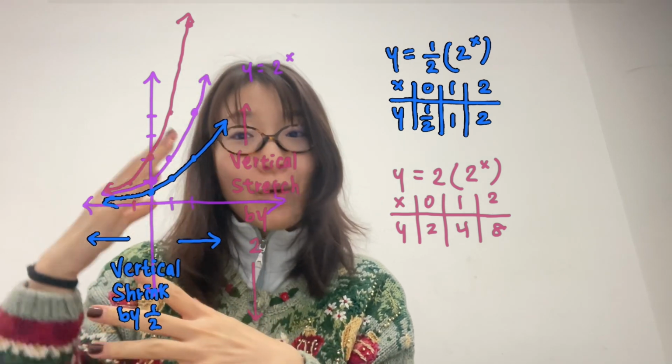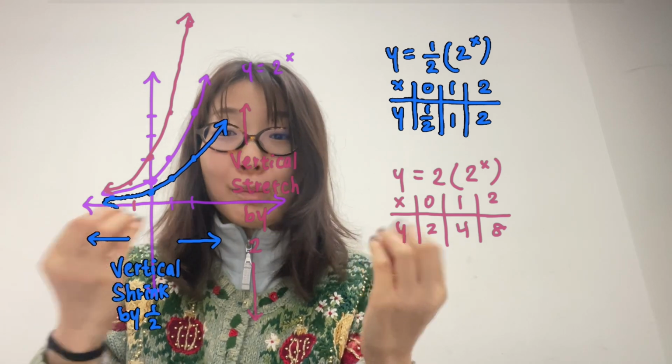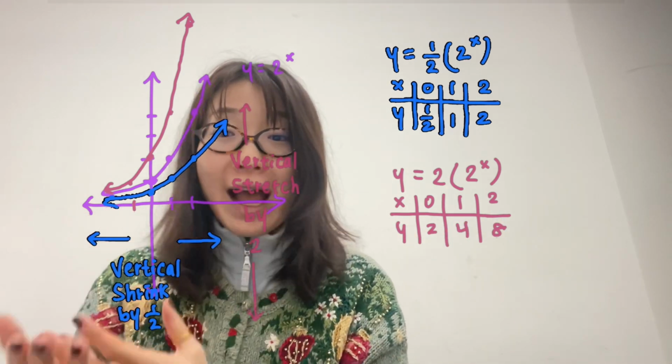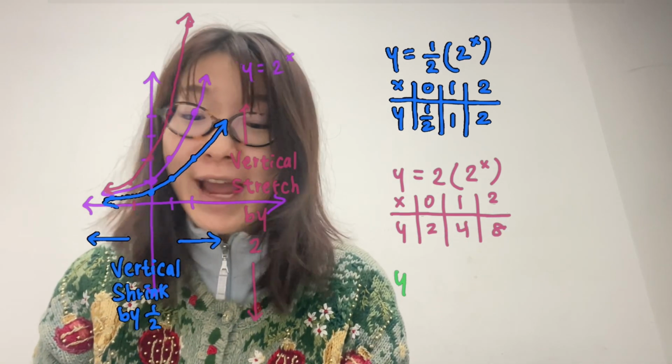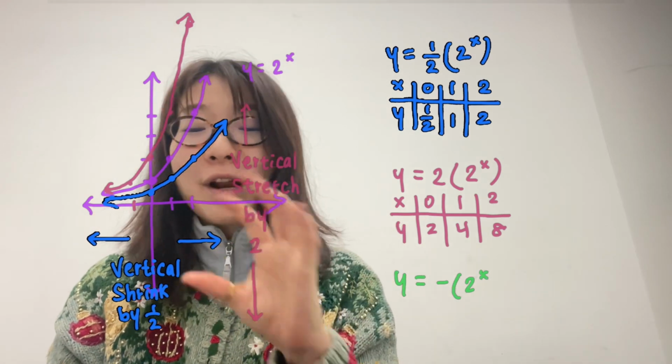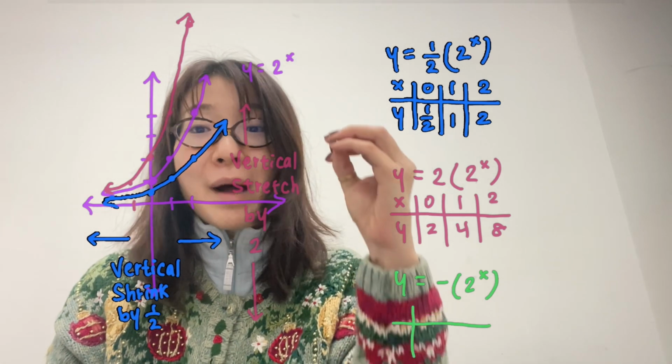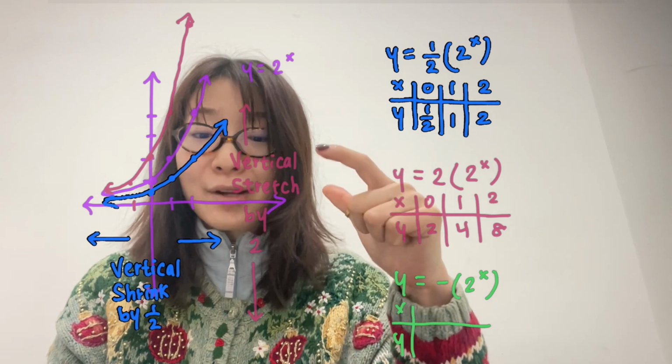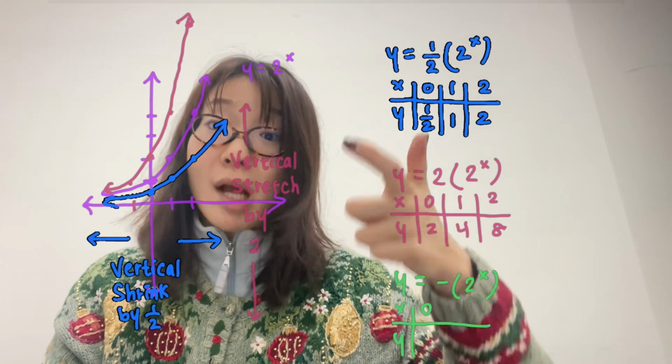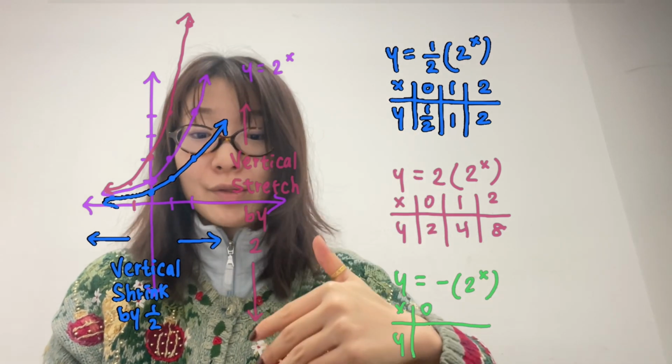And now, what if we multiply by 2 instead of half to 2 raised to the power of x? Same thing, and what I notice is that this time my values of y are a lot bigger. They're double my original values, right?